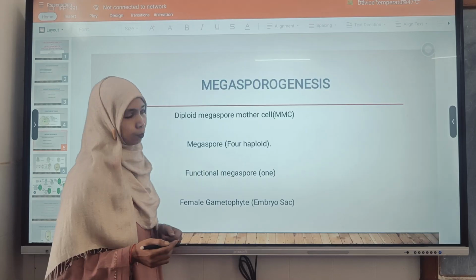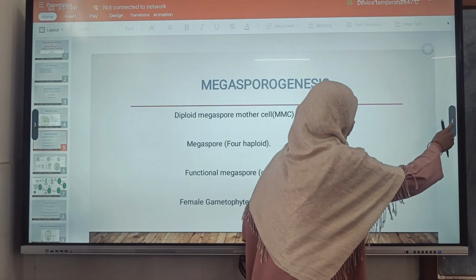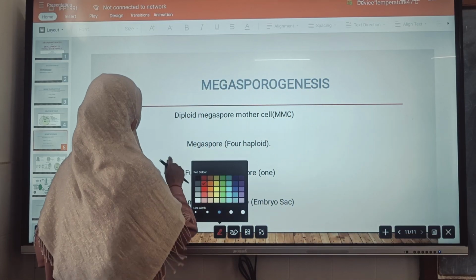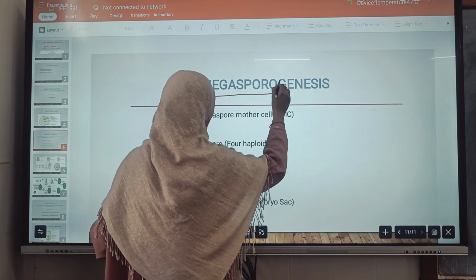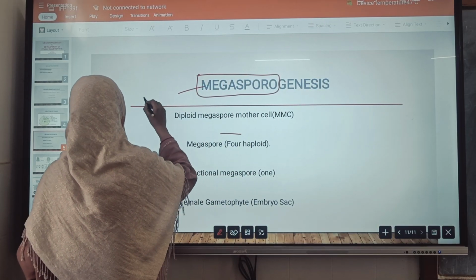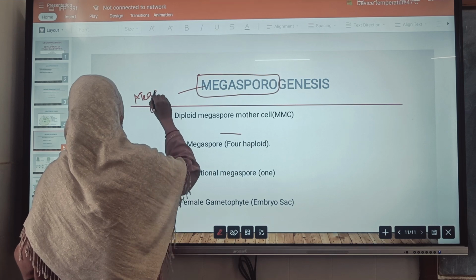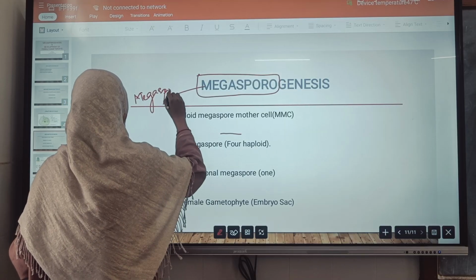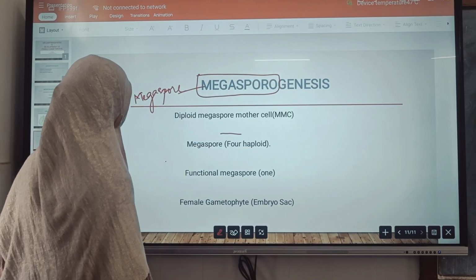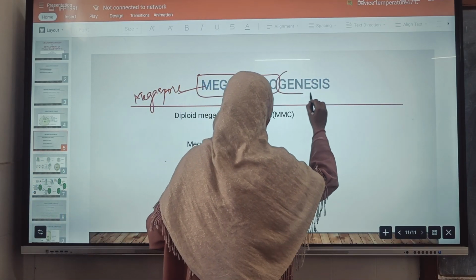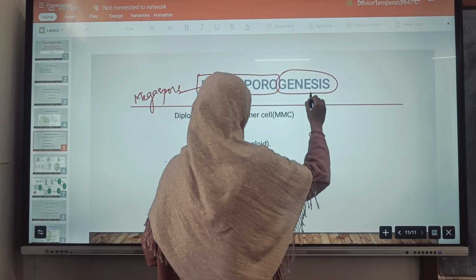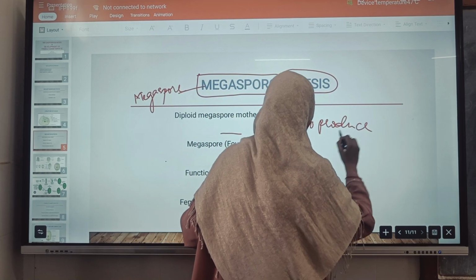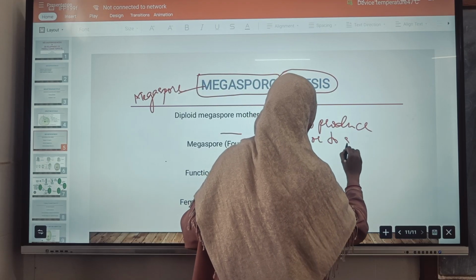Megasporogenesis. Now what is Megasporogenesis? As the word makes its meaning clear, megaspore: mega means large, and large spores are always female, formed inside the female body. And you already know that genesis is used to produce or to synthesize or to form anything.